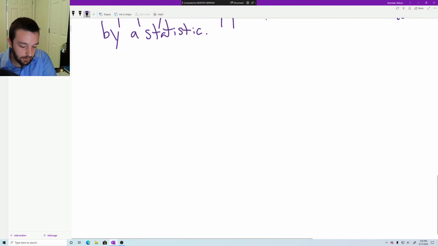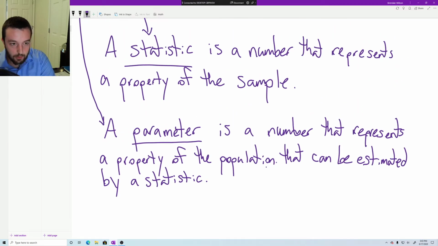Typically, I guess we'll mention it more later, but with statistics, we typically represent those with our alphabet, and with parameters, we typically represent those with the Greek alphabet, right? So the average of the entire population, we would typically represent as the Greek letter mu, whereas the average of a sample, we represent with the letter X with a bar over it.